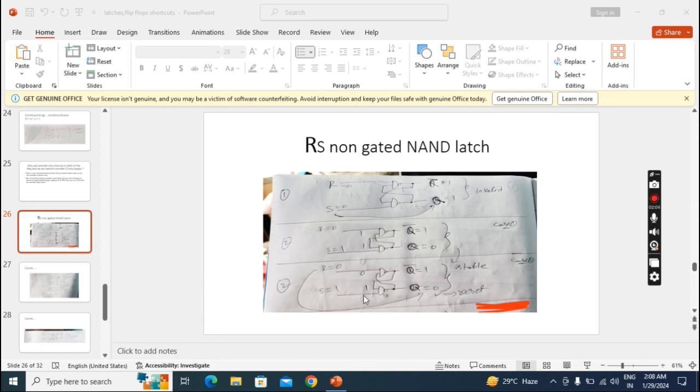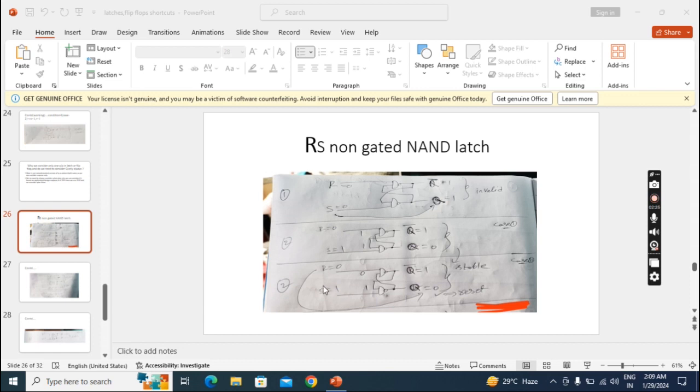So it means when I apply R equal to 0, S equal to 1, what am I getting? Q 0. In the first lecture in SR, when I took S equal to 1, R equal to 0, what did I get? Reset, Q 0. Here also I got the same.